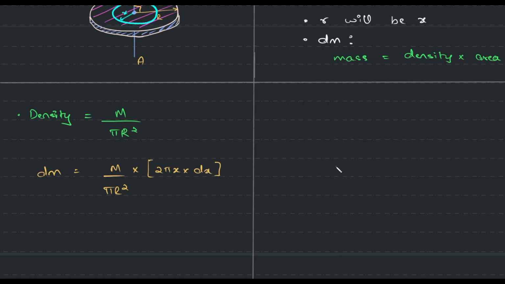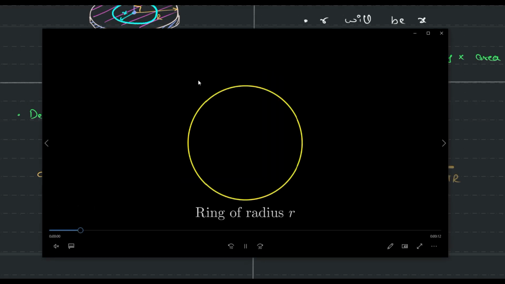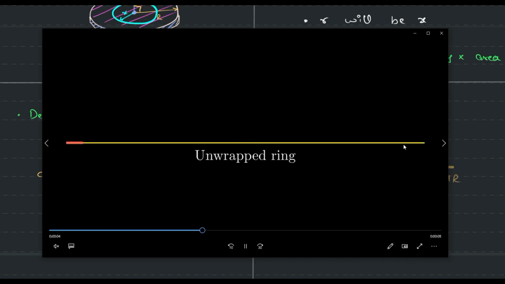Okay, so please understand this. If I expand this thin ring, it will be from 0 to 2 pi r. We have already seen this. We have a thin ring, and when you expand it, it will be from 0 to 2 pi r.